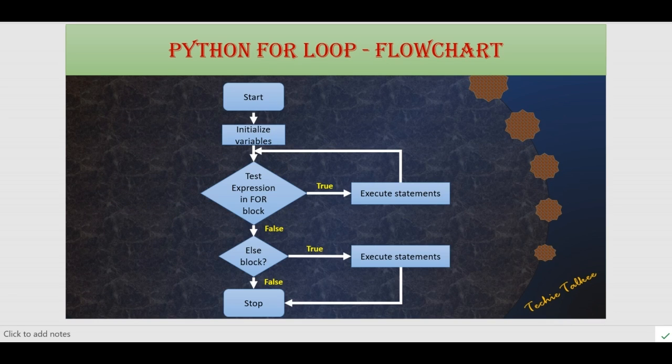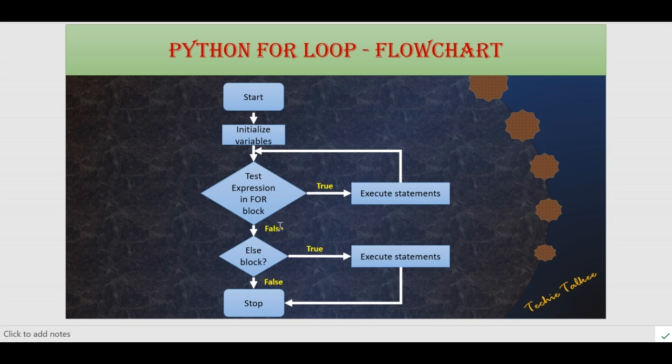This is the flowchart for the for loop, and it will tell you how the for loop works. First, we initialize the variables, and then in the for block, we give the test expression. The expression can be string or list or tuple, as we saw in the previous slide.